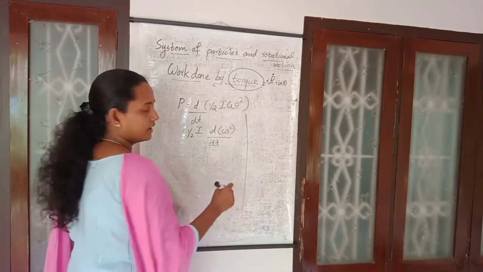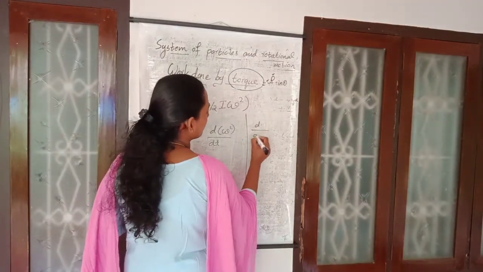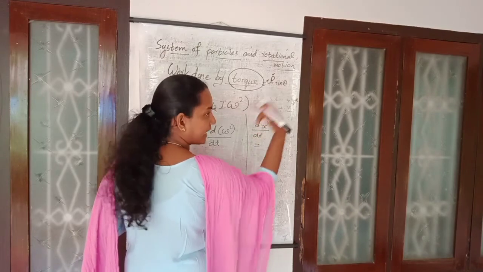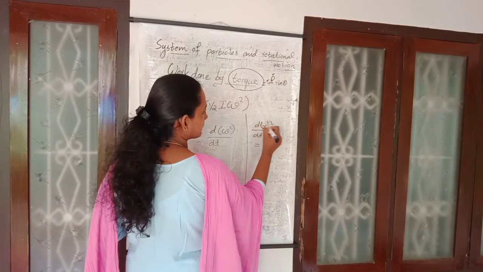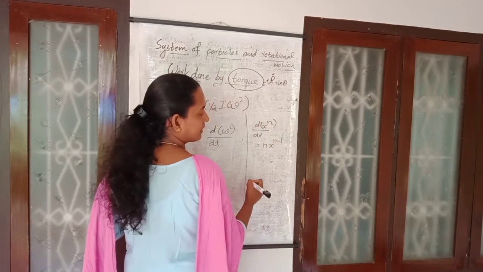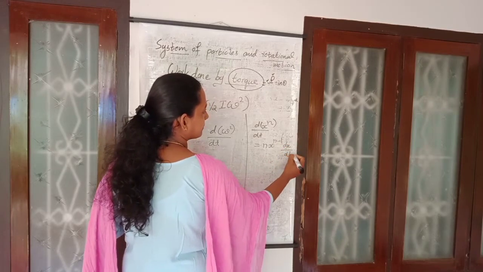But what is d by dt of omega square? For that, in differentiation, there is a rule. What is d by dt of x raised to n, where n is any power? D by dt of x raised to n means n into x raised to n minus 1. X is varying, therefore dx by dt.